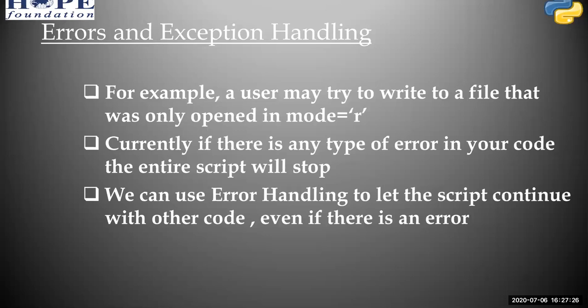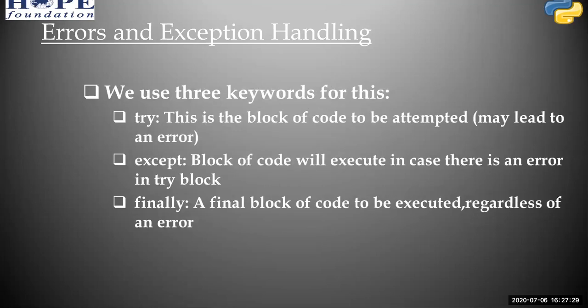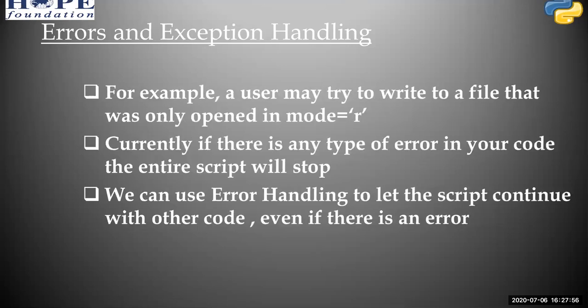Even if there is an error, we use these three keywords for the error handling method. First we'll go with the try block. This is the block of code to be attempted, which may lead to an error. For example, here the user uses R mode to write their file, so it is an error.